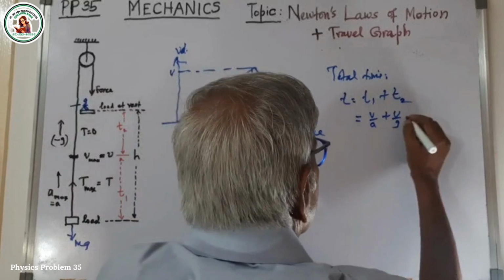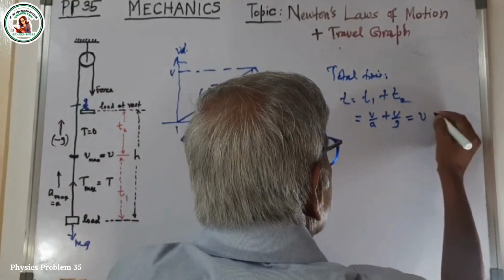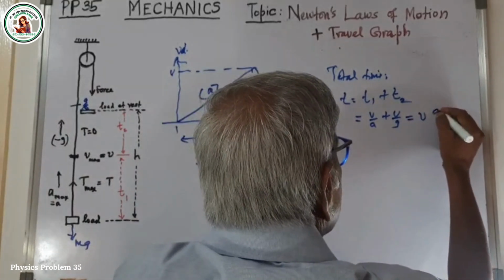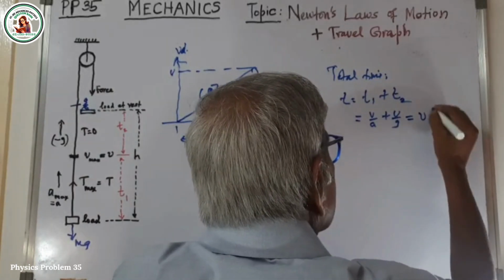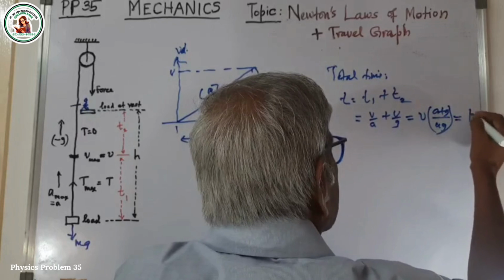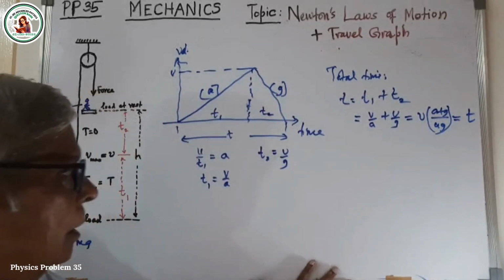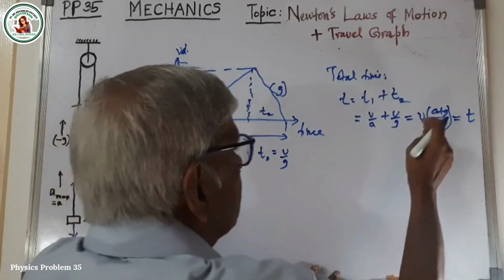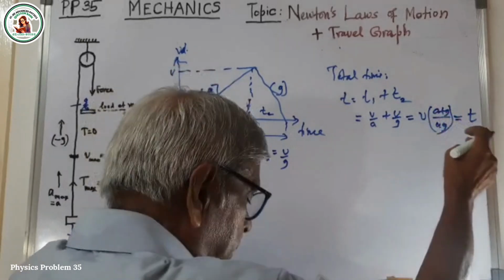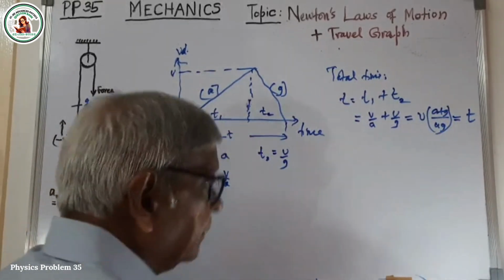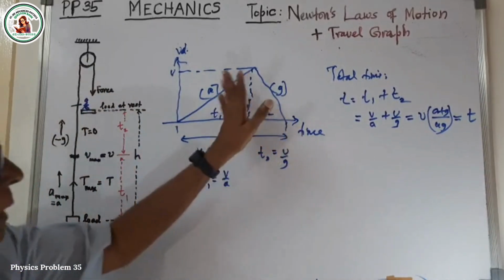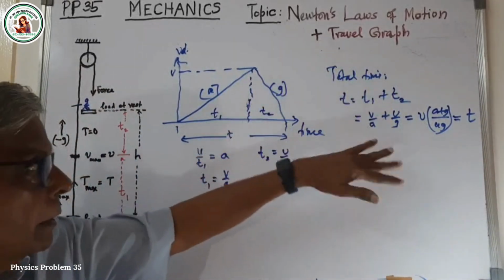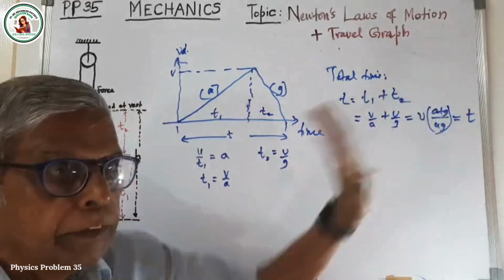You can write it as v times (A plus g) by Ag, and this is equal to t. We are using the concept that the slope of the velocity time graph is acceleration.